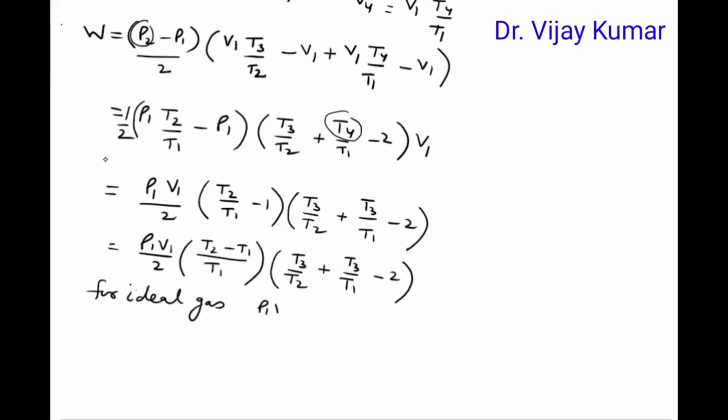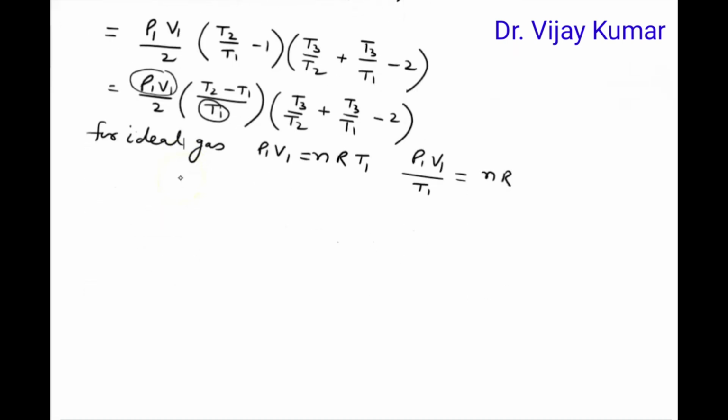For an ideal gas we know that P1 V1 equals nRT1. So P1 V1 upon T1 becomes equal to nR, and W becomes half nR times the first bracket T2 minus T1 and the second bracket T3 upon T2 plus T3 upon T1 minus 2.